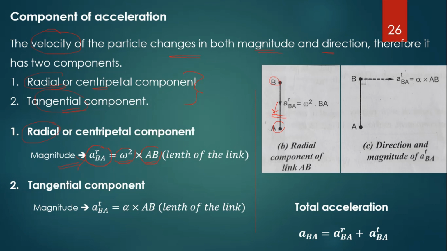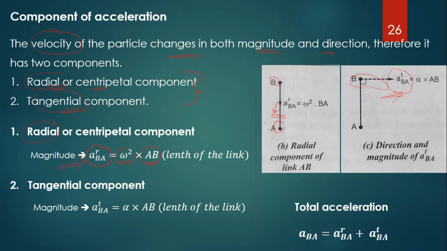Now the tangential component. It is similar to the velocity diagram. The tangential component of acceleration acts in the direction perpendicular to the corresponding link. Then how to calculate the magnitude of the acceleration of the tangential component of BA?